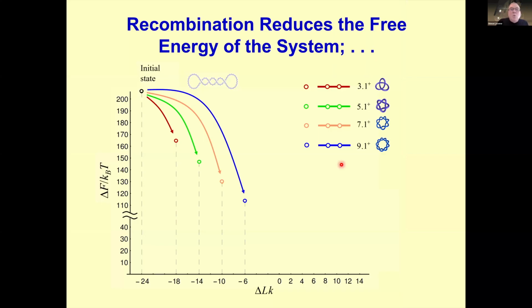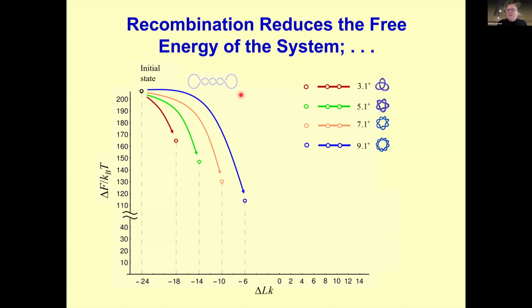Okay, so what recombination will do is, somewhat counterintuitively, reduce the free energy of the system. Basically, what you're doing is you're taking supercoils and you're converting those into knot crossings. And so while you might intuitively think that either keeps the free energy of the system constant or perhaps even raises it, that's not the case, because you actually gain quite a lot of entropy by converting those supercoils into knot crossings.